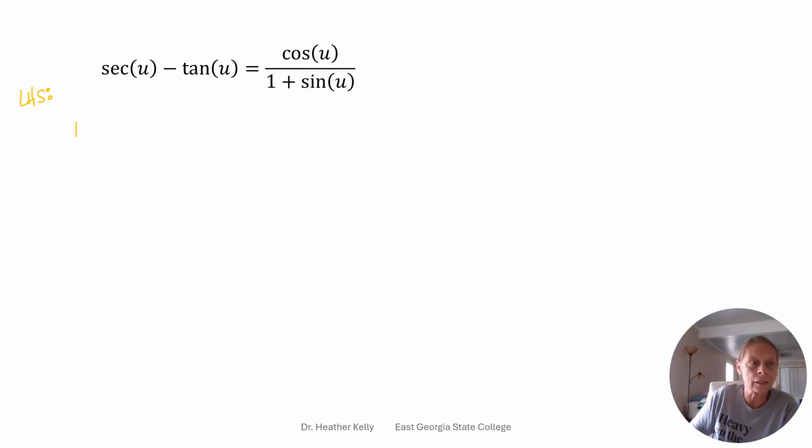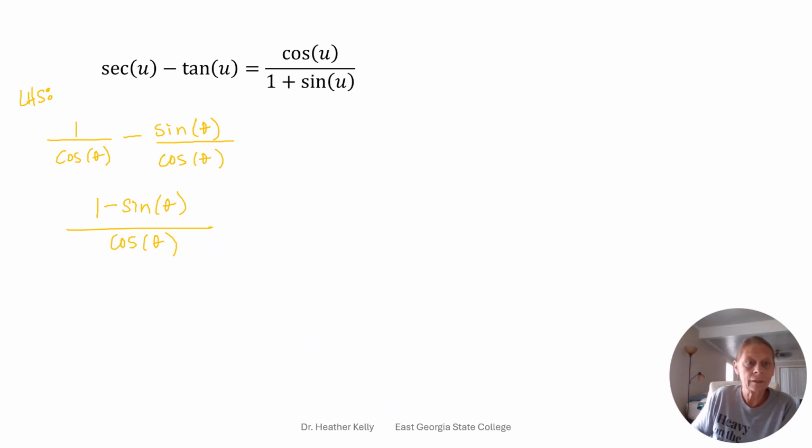So secant is 1 over cosine theta minus sine theta over cosine theta. So if we put that together, we get 1 minus sine theta over cosine theta. Well, that is not equal to cosine u over 1 plus sine u.